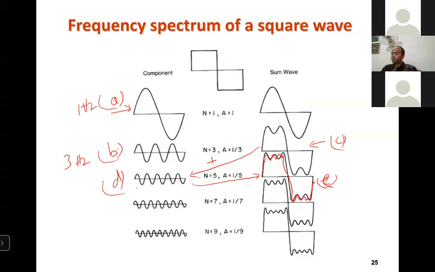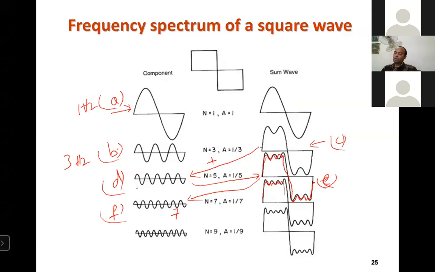Next, figure E, when it is added with figure F, which is the 7th harmonic, here we will have something more like a square wave.